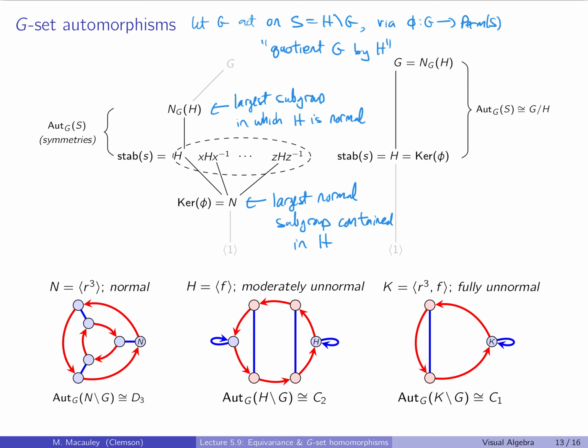So there's kind of a duality here. The largest subgroup in which H is normal is this, and the largest normal subgroup contained in H is the kernel. This quotient represents the symmetries of the action graph. That's one of the big ideas here.